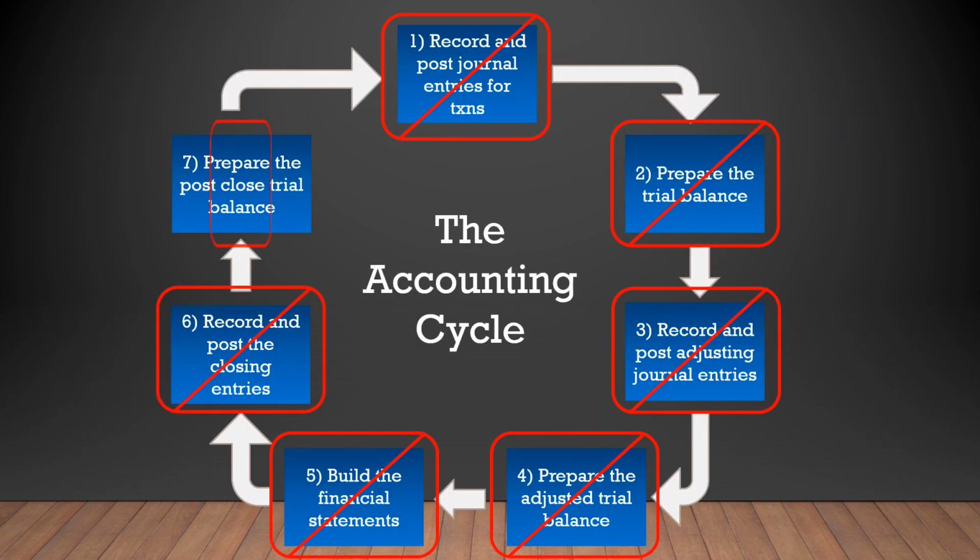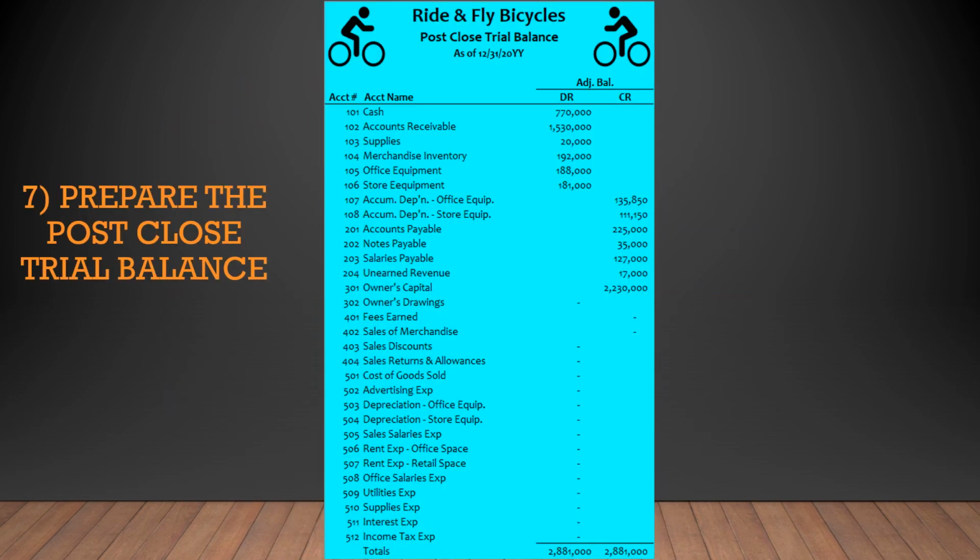Finally, we prepare and post our post-close trial balance. Here we see the ultimate impact of those closing entries. That is, revenues, expenses, and drawings are all reset to zero for the upcoming year. And owner's capital has the ending balances from the statement of owner's equity.